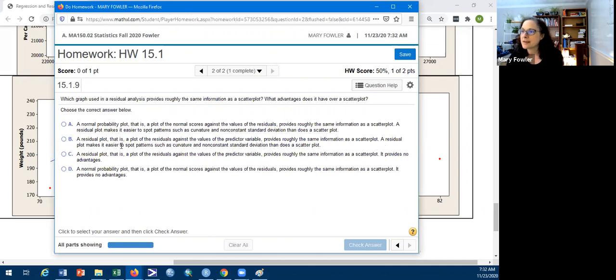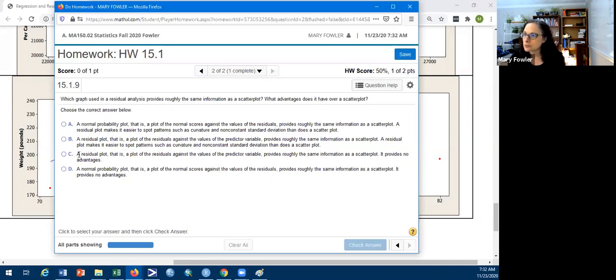A residual plot makes it easier to spot patterns such as curvature and non-constant standard deviation than in a scatter plot. Okay, well, that one sounds really good.